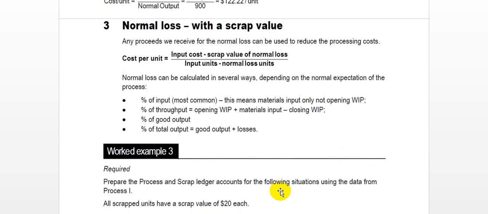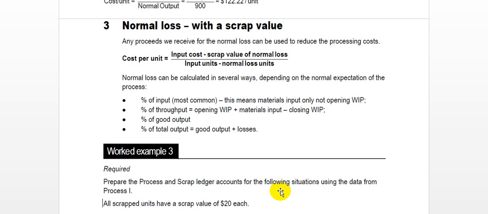What example of product can have a normal loss? If you are extracting oil from sunflower, the sunflower is a seed.